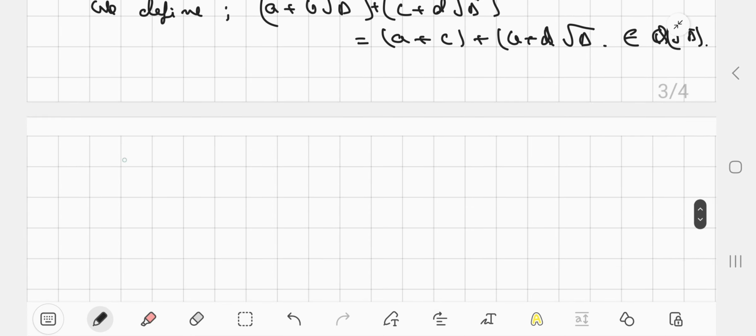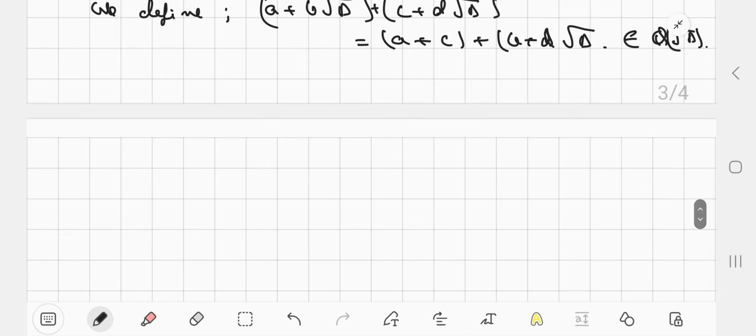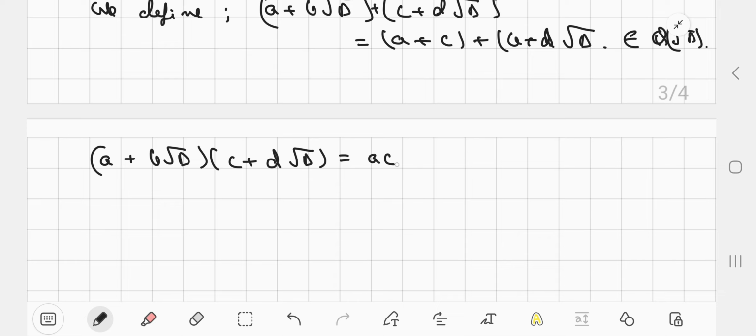How do we define a multiplication on it? We define A plus B root D times C plus small d root capital D by just distributing it out. So A times C, plus here we have B times d with root D and root D there. What I'm trying to do is separate out the root D part.